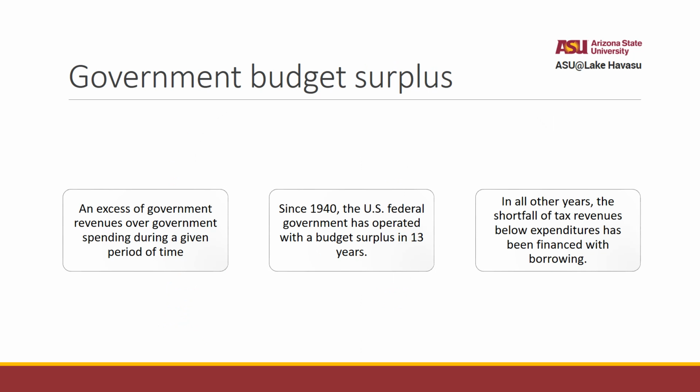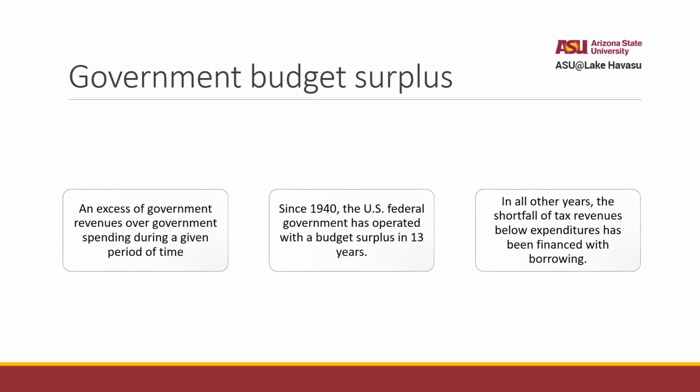The second concept is government budget surplus. When does that happen? That happens when there is an excess of government revenues over government spending during a given period of time. So it's just the opposite of deficit. Since 1940, the US federal government has operated with a budget surplus in 13 years.